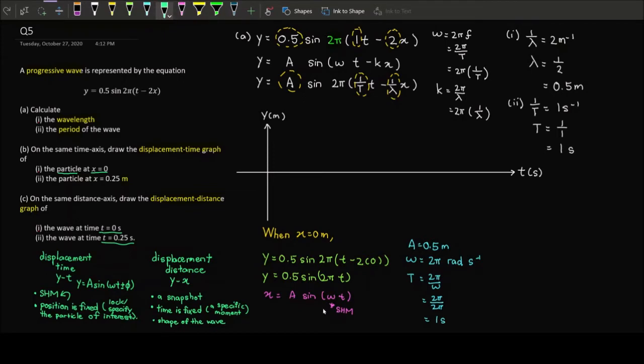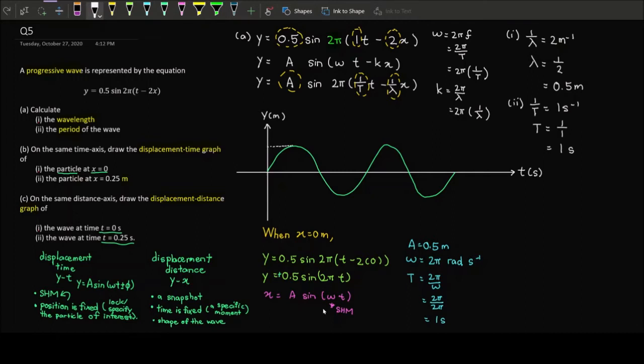So I'll plot it in green. First of all, see what kind of shape we need to plot. There's no negative sign, so it's a positive thing. So we can draw the sine graph just as it is. No need to flip, no need to do anything. Usually it's good to draw two complete oscillations. Then you label the specific positions.